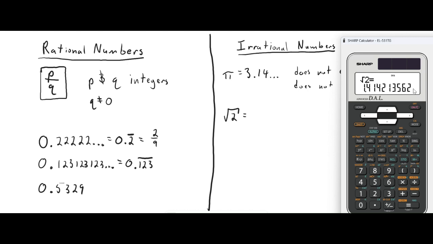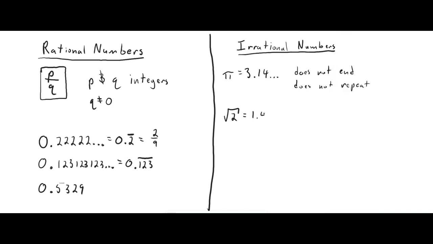There's always more digits to find, and it never repeats. So this is approximately 1.414, but it goes on forever, and it also does not end and does not repeat. So therefore, that square root of 2 is irrational.